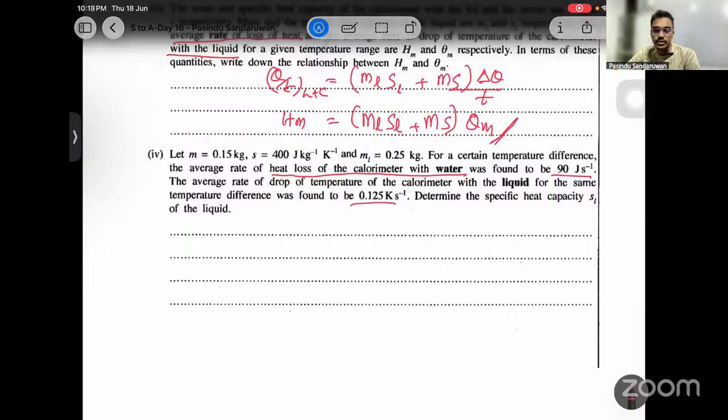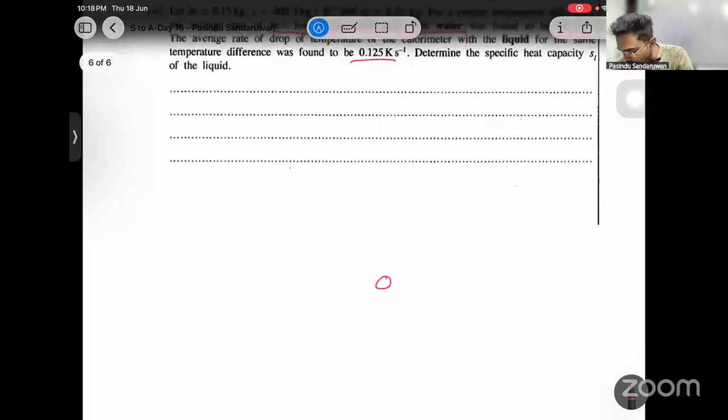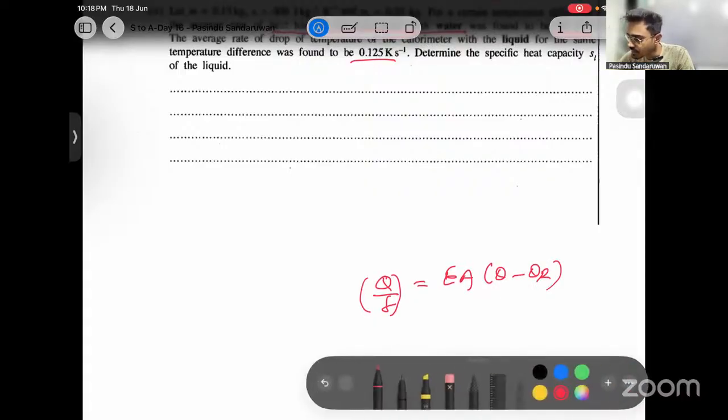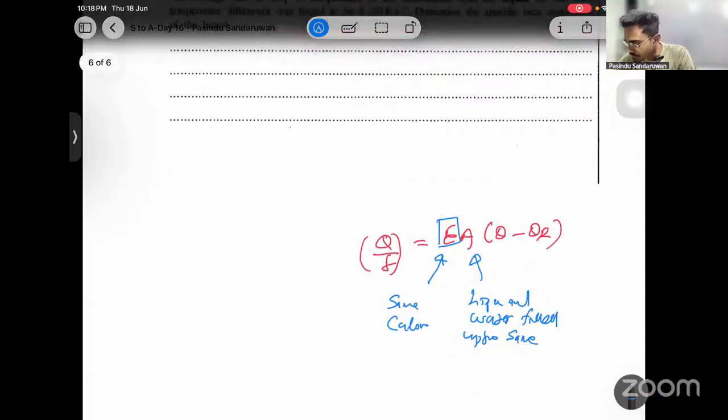Now, this is where you have to use the logic we had before. Q over T equals EA times theta minus theta R, in Newton's law of cooling. Purposefully, the same calorimeter is used, then E can be kept constant, and both liquid and water are filled up to the same height.